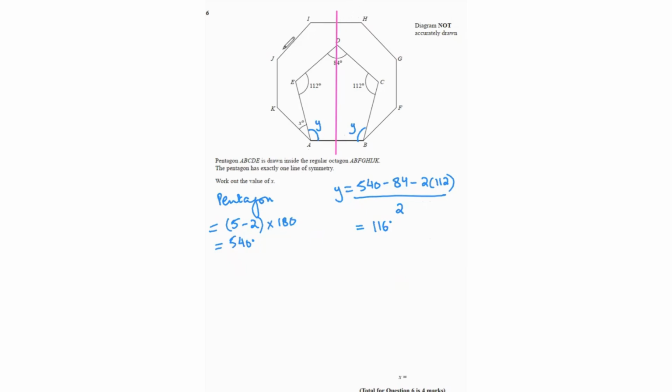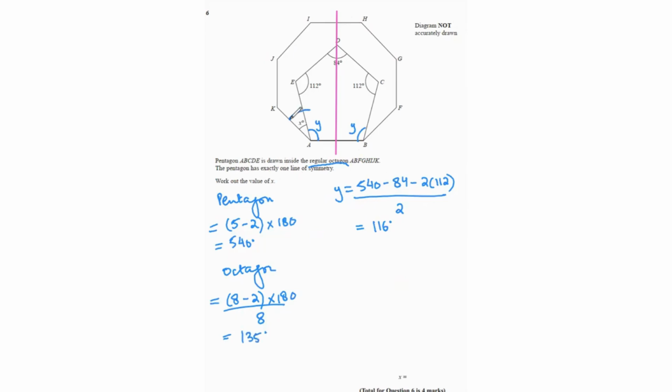Now the octagon outside was a regular octagon, which means we can find the interior angle value for the octagon and use that and the 116 to find the value of x. So now for the octagon, it'll be 8 minus 2 times 180 over 8, which gives us 135.